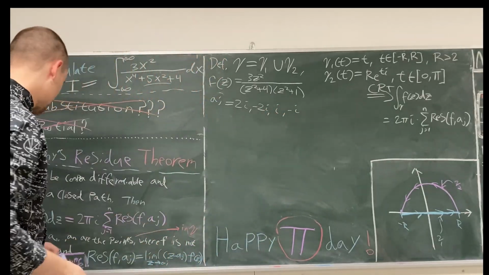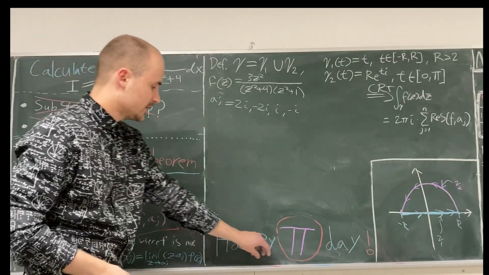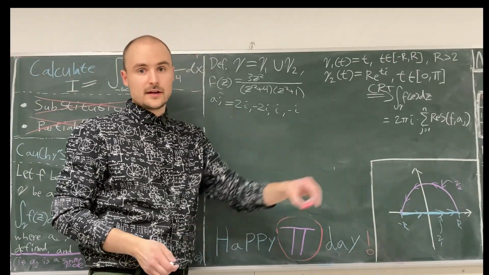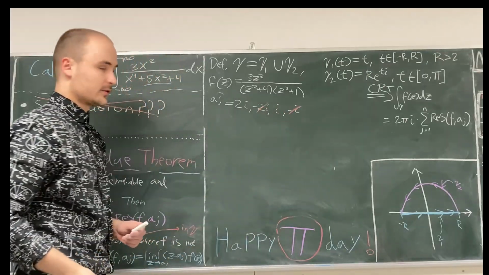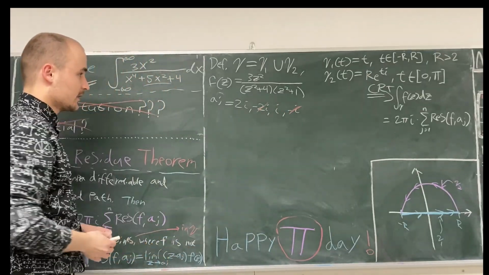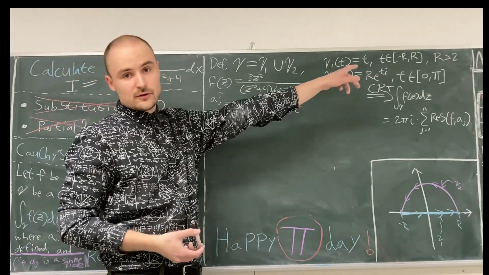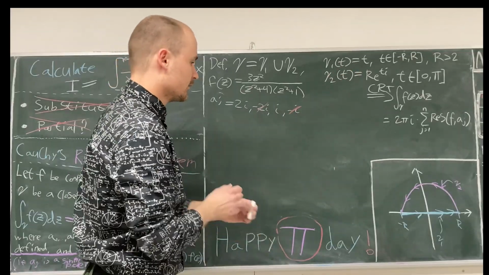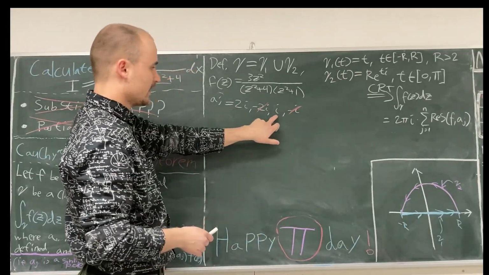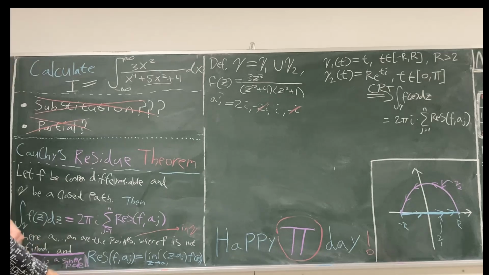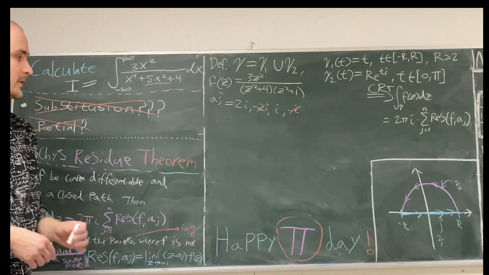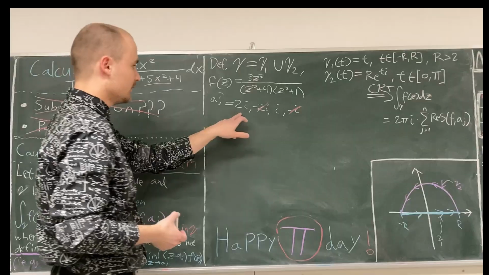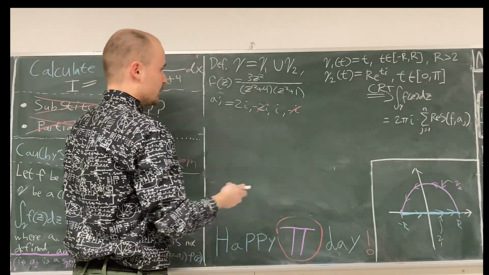But then since our half circle is only in the upper half plane, these negative values of i do not count. But since we chose our big R to be bigger than 2, we know that both 2i and i are going to be inside the boundary of gamma. Okay, so these two are our two residues.